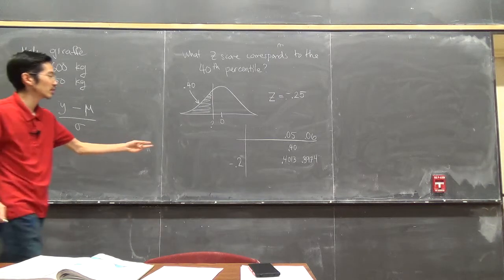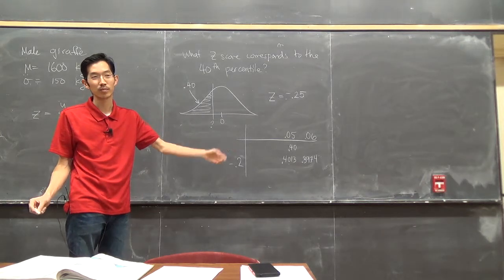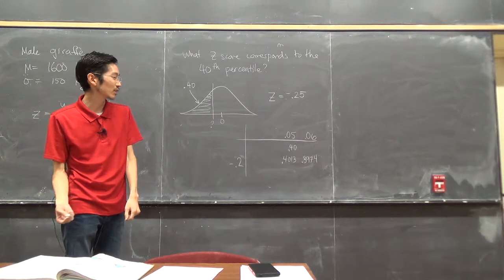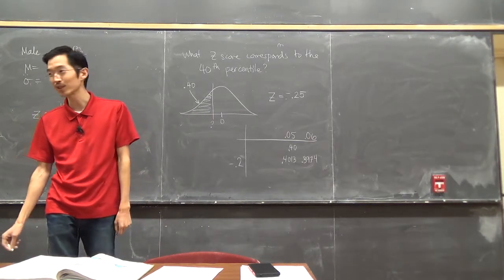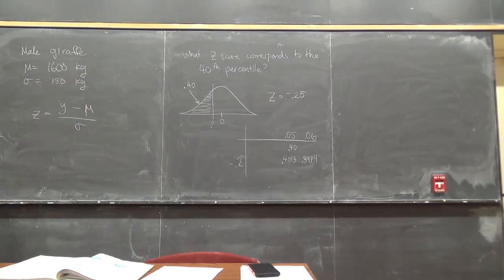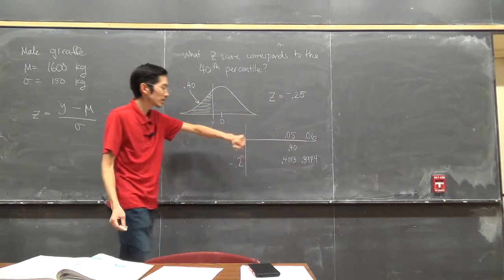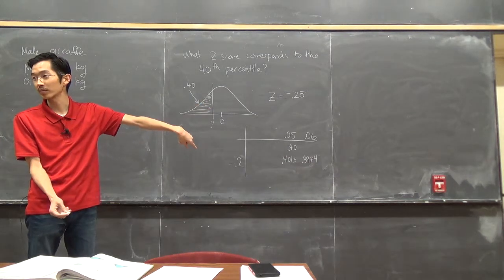So we would say z is equal to negative 0.25. You don't have to interpolate and say z is equal to negative 0.253 or something like that, although that would probably be closest to the truth. Is that okay? Getting the z-score based on a percentile.